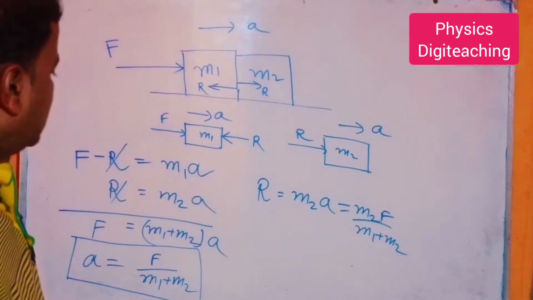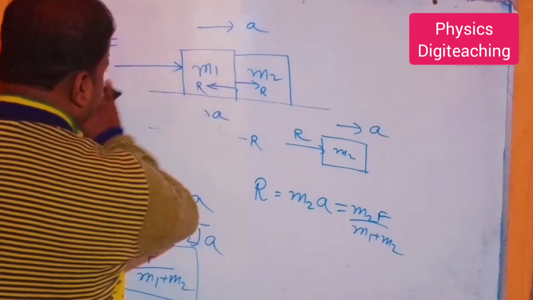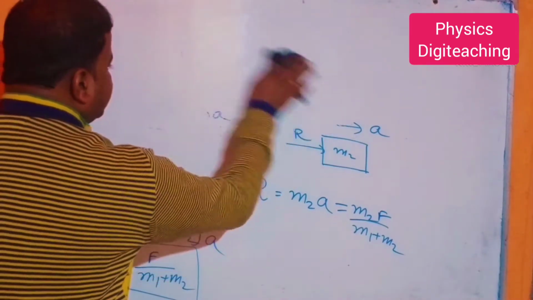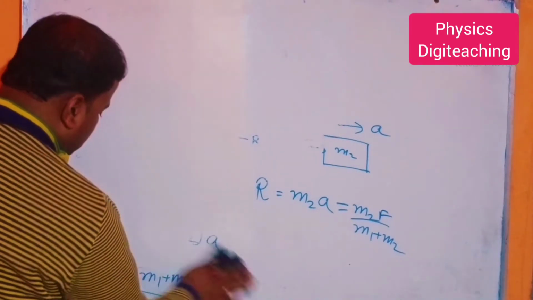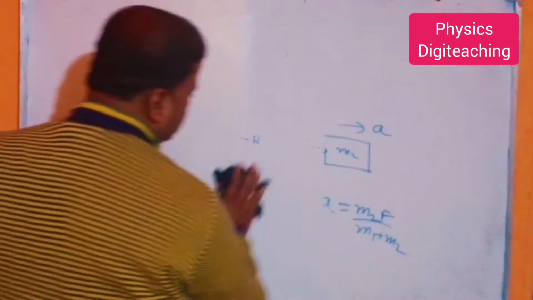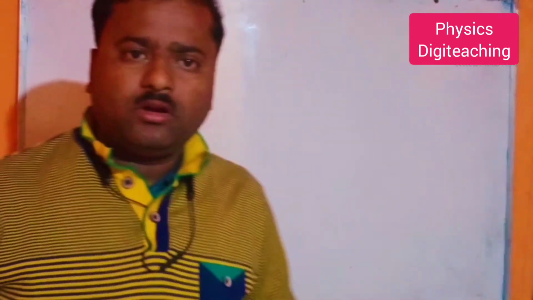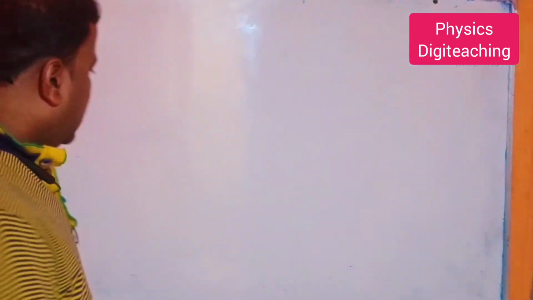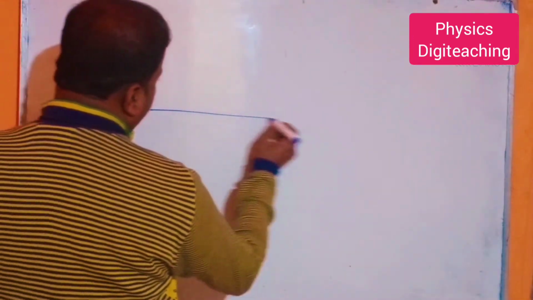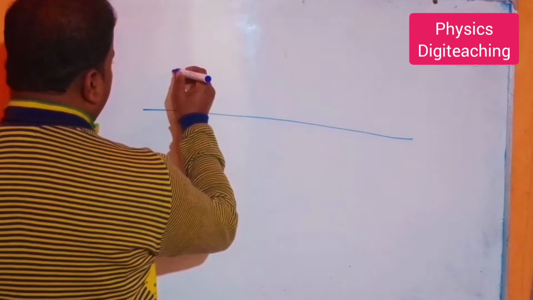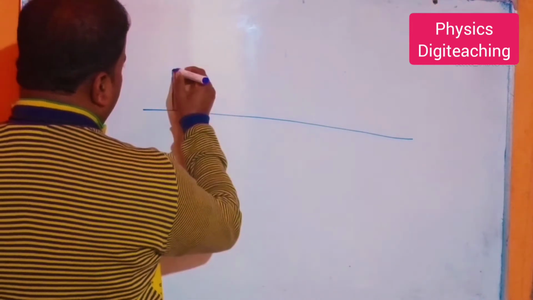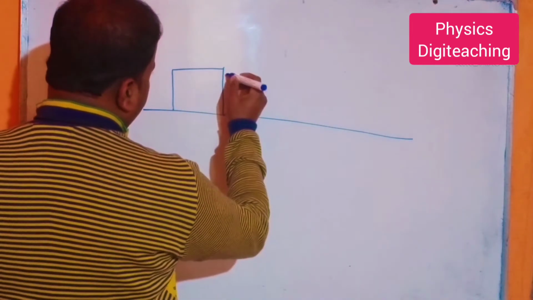Next we go to the next problem. Here we solve the same problem with three bodies. Three bodies are on a smooth horizontal plane.